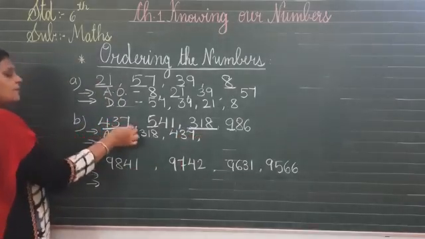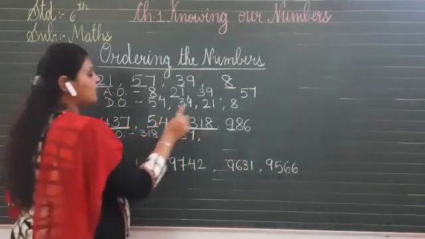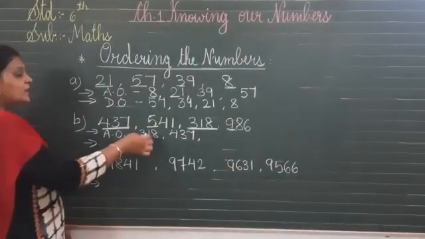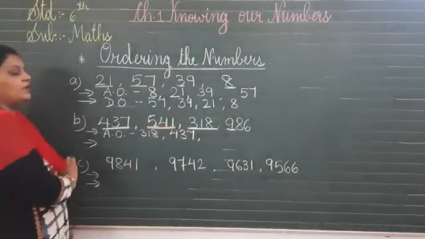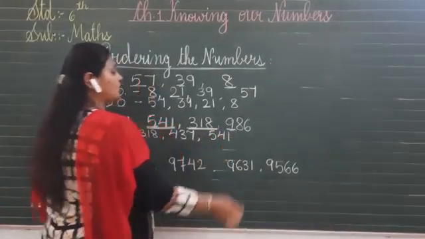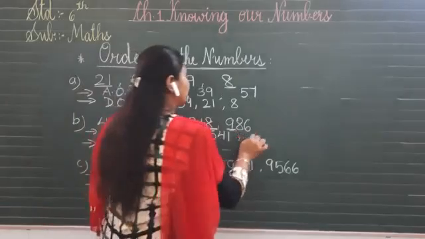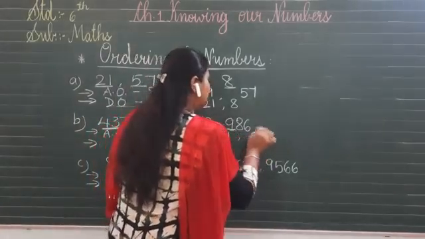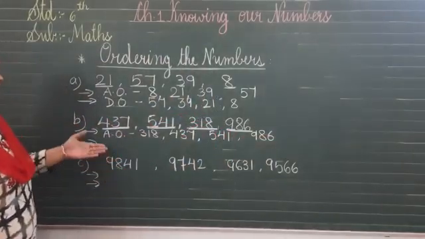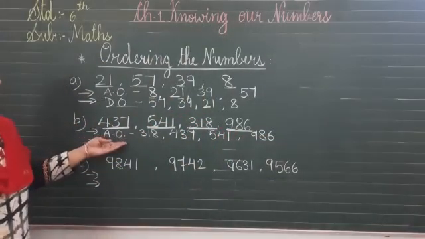Then I need to compare the rest of two numbers, 541 and 986. Here 541 is smaller. So I will write 541 and at last 986, which was remaining.